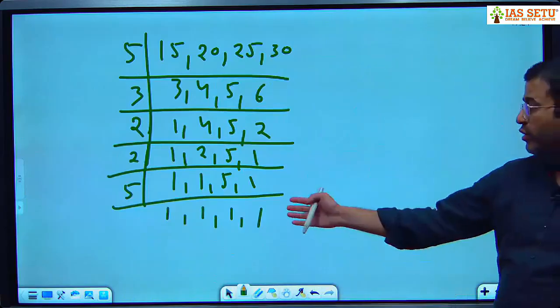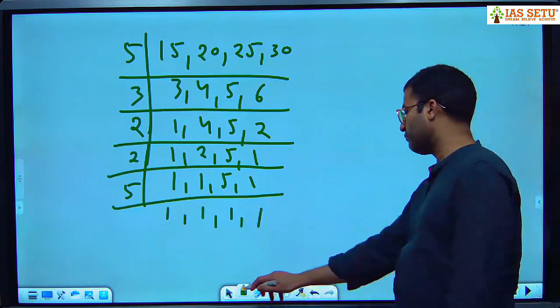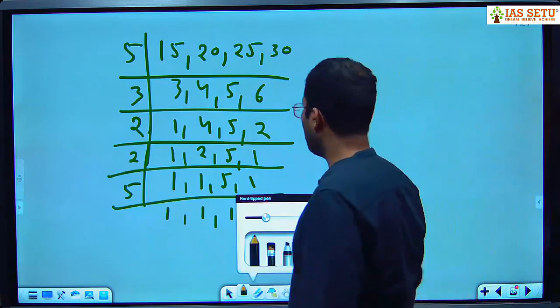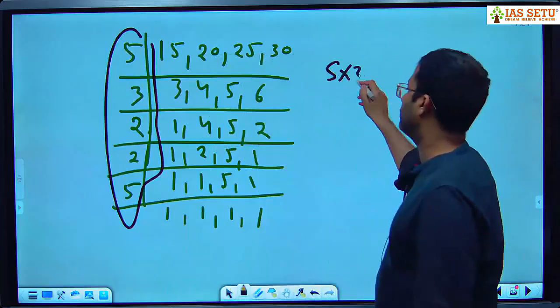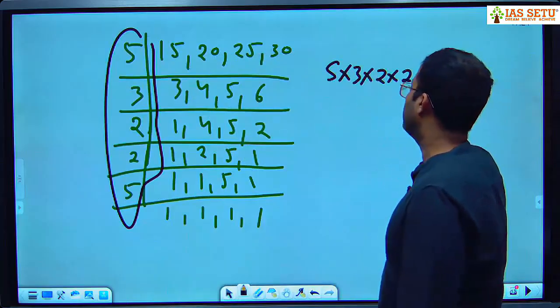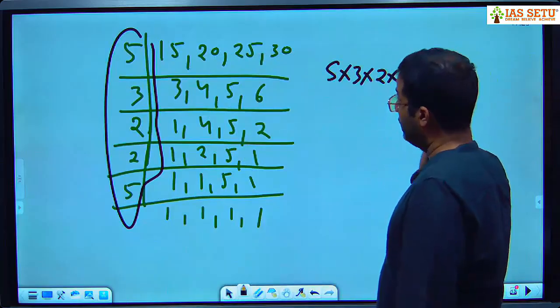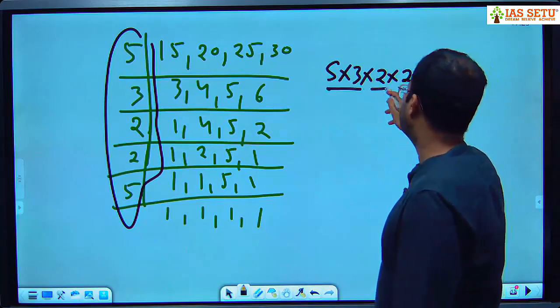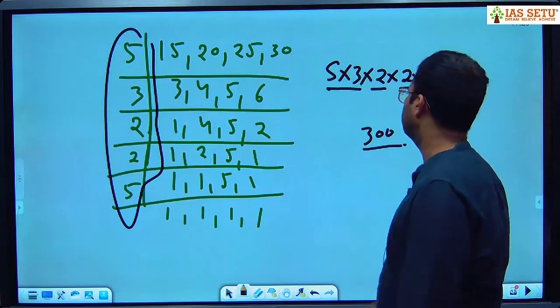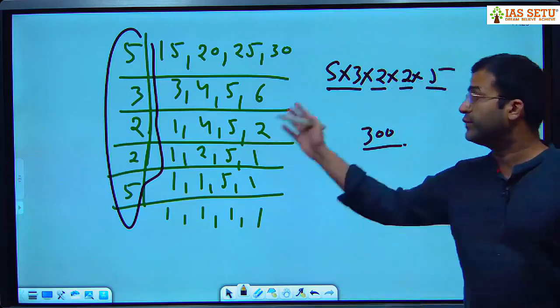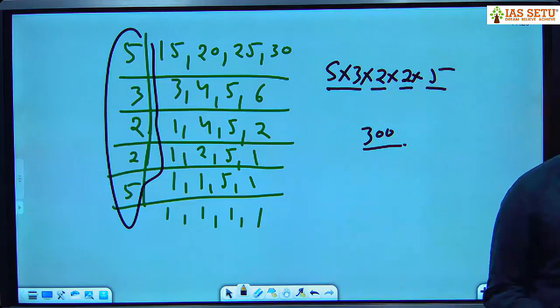So if you take common, you get lastly 1, 1, 1, 1. So you multiply all this. That is your LCM. So it is 5 into 3 into 2 into 2 into 5. So it is 15, 30, 60, 60 into 5, 300. So the LCM of these given numbers is 300.